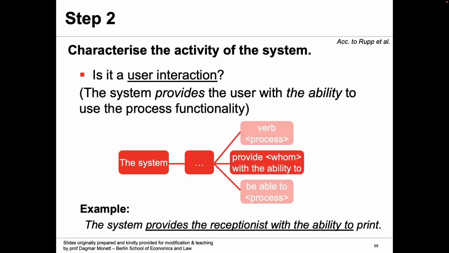So the example is: the system should provide the receptionist with the ability to print. So the system is not doing the activity independently. It's basically relying on a user who is going to provide the functionality of the system, which is the print. So in order to print, we need a receptionist to do that print command.